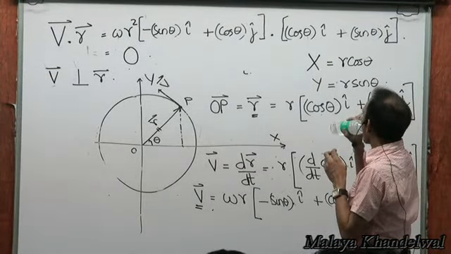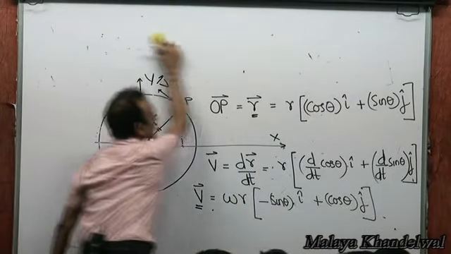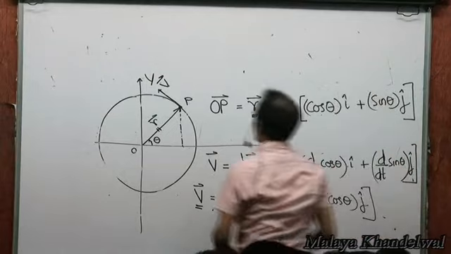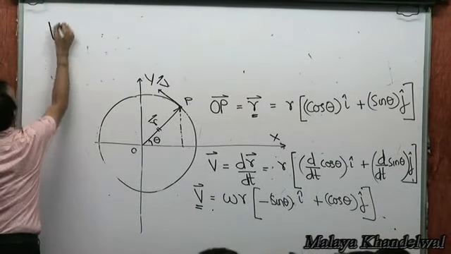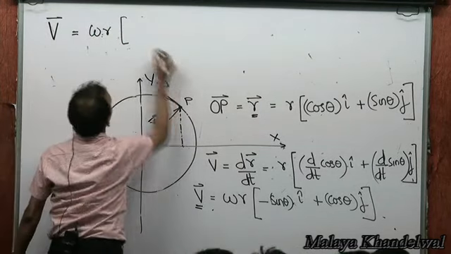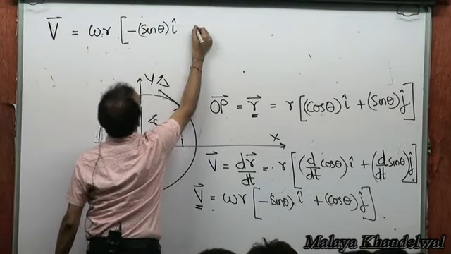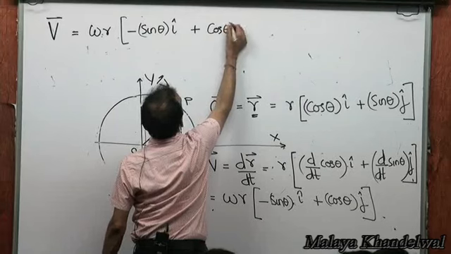Now, the magnitude of this linear velocity is called linear speed. V, as you see here, is omega r times minus sine theta i cap plus cos theta j cap.